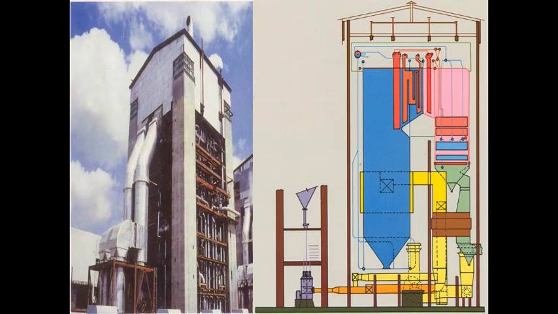So the layout itself is made in such a way that heat transfer is made possible, and the segmentation of the heat traps is made in such a way that flue gas velocity also gets controlled, so that there is sufficient time for the heat to be transferred.